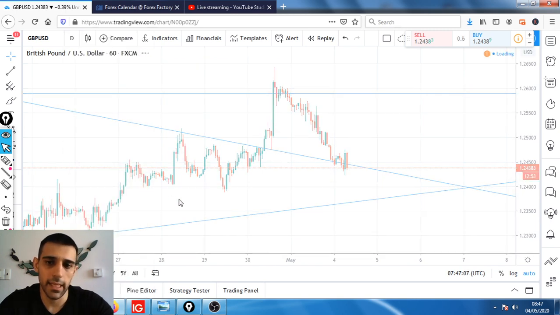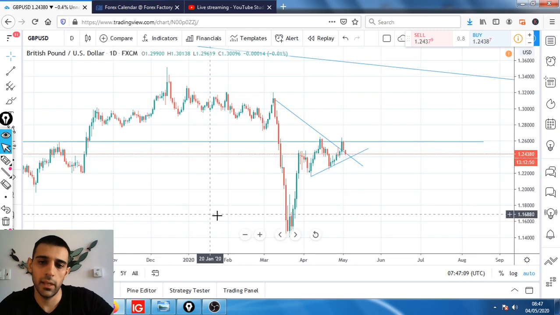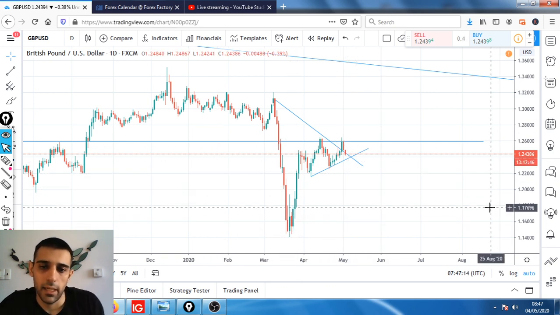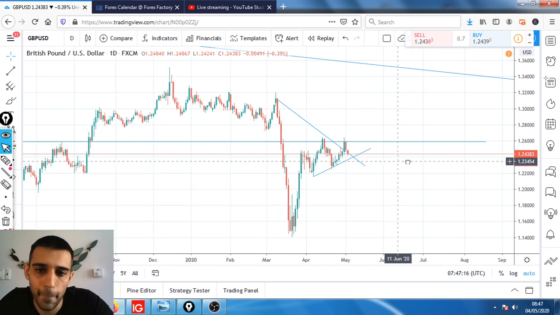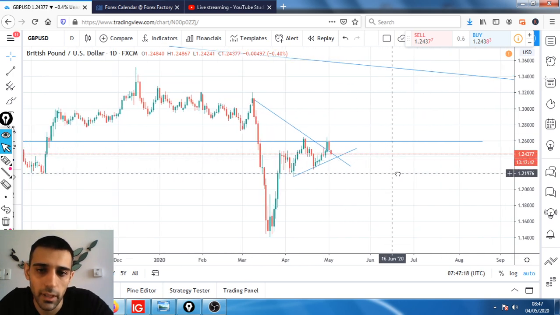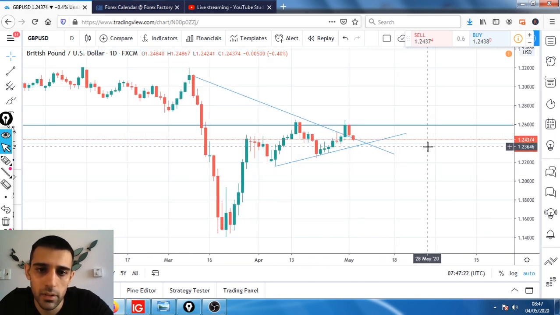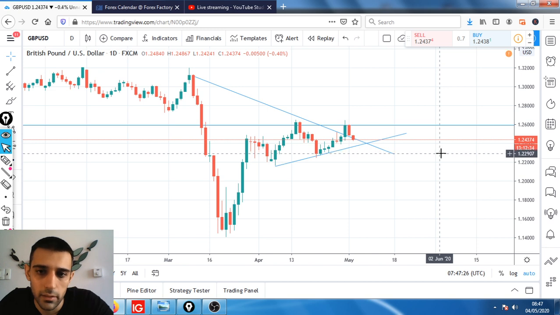Let's go up to the daily time frame. Okay, so the price is coming down. Yeah, this is okay. Let's have a closer look down to this level. So this will be the next support at 120, oh no, it's 122.90.